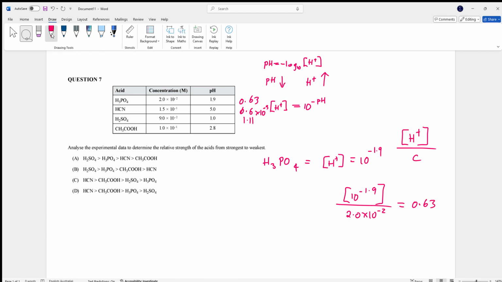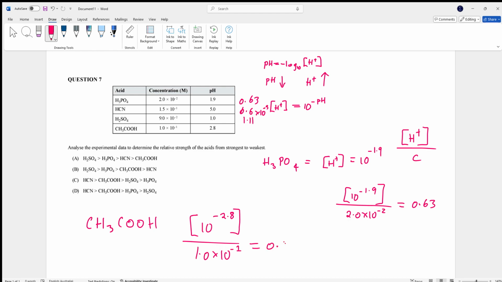And then just the last one here, CH3COOH. So I have 10 to the negative 2.8 over 1 times 10 to the negative 1. This gives us 0.015.